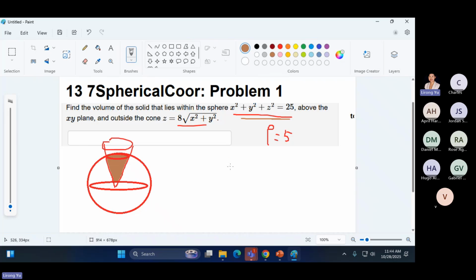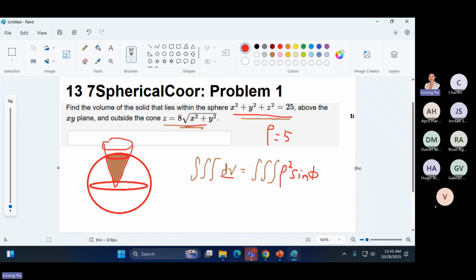And the edge of the cone, that's the ice cream cone peel. This is represented by this. So when you set up your volume calculation, it will be like this. When we identify the integration boundaries, you need to write dV as rho squared sine phi, so that would be our integration function.